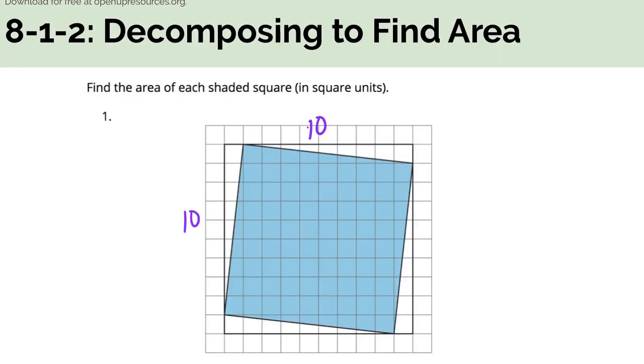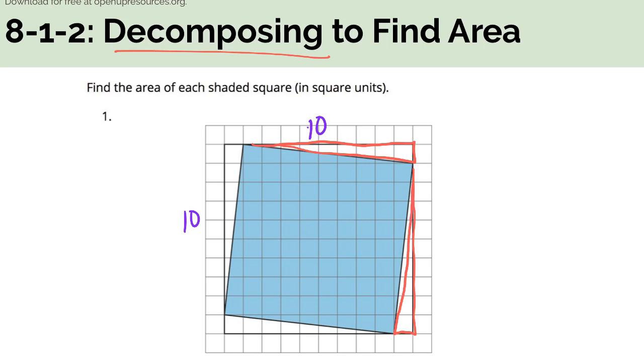Okay, finding the area of this square, again, we're going to be decomposing, meaning breaking it into pieces, which is what we just did. So my bigger outer square has dimensions of 10 by 10, and now I'm looking at these triangle pieces that I want to eliminate. When the square is tilted like that, we can't just count the side lengths very easily.